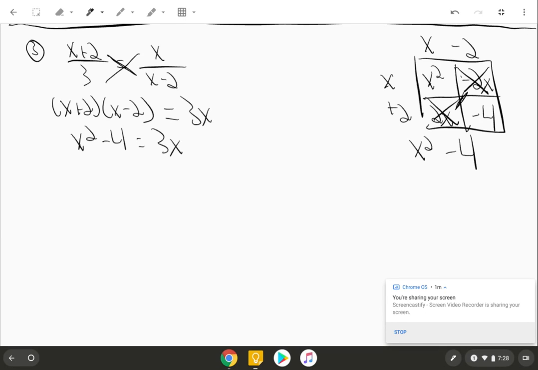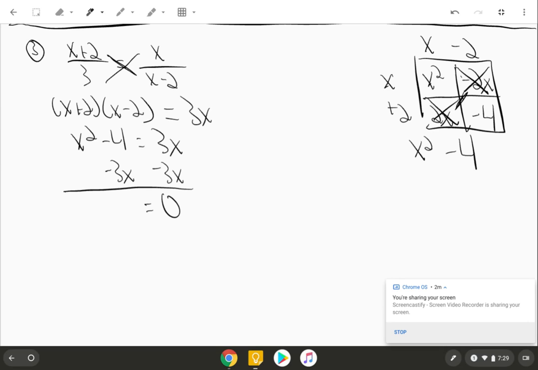Okay, it's a different looking quadratic, but it is still a quadratic because we have an x squared term here, which means I need to rewrite this so that it is set equal to 0. So the only way to do that is to subtract 3x from the right-hand side. 3x minus 3x makes this 0. Now over here, notice there's nothing to line up the minus 3x under.